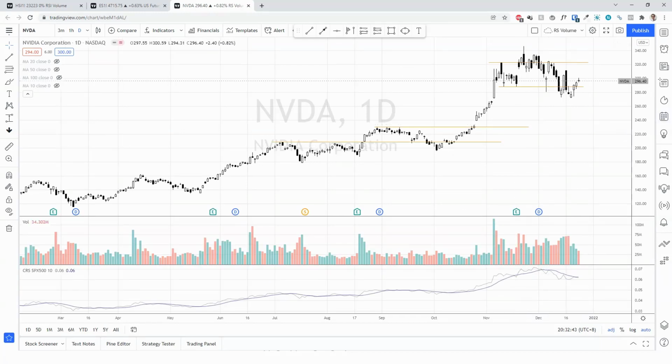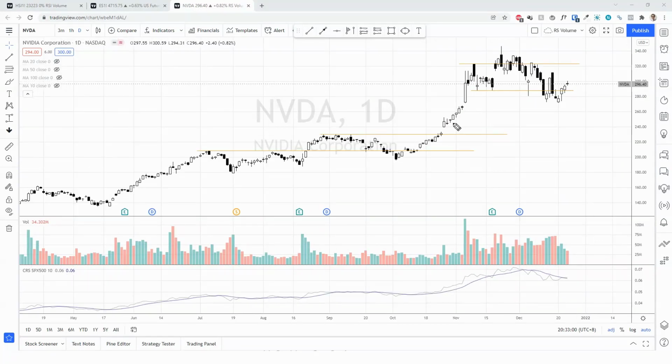Next one, NVIDIA. NVIDIA is similar to Tesla. We have a climatic run up, so climatic volume, and subsequently we see a lot of churning volume. This is a bit uncertain at the moment because, like I say, this sort of parabolic run up is generally not sustainable, especially under this kind of market environment.